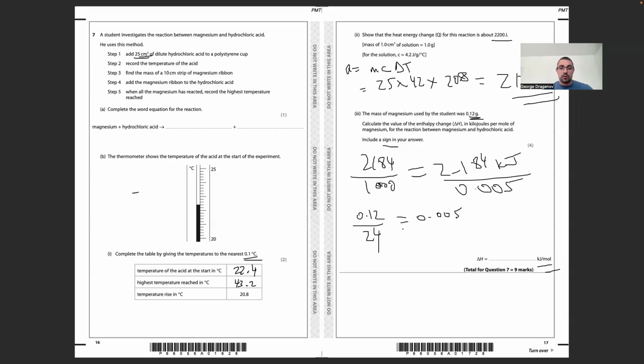So 2.184 divided by 0.005, and we have an answer of 436.8, which is 437, 3 significant figures. And for the sign, because it went up, it must be exothermic, which makes it negative. So in essence, you multiply 3 numbers, you divide by 1,000, and you divide by moles. And you stick a sign in front of it. I suggest practicing this with worksheets attached, and that completes the energy topic. So thank you and see you next time.